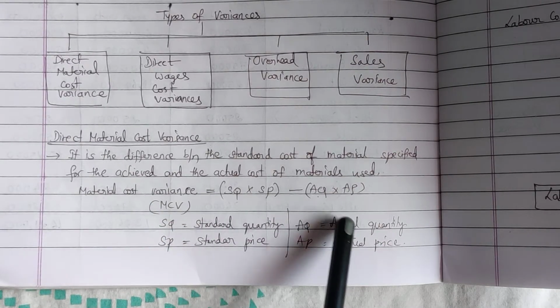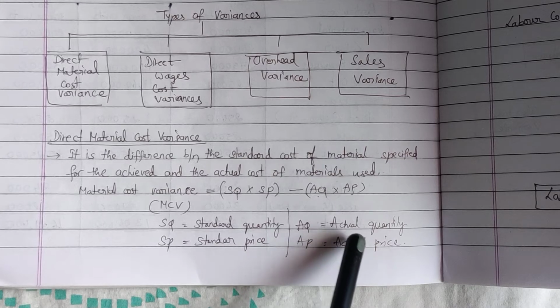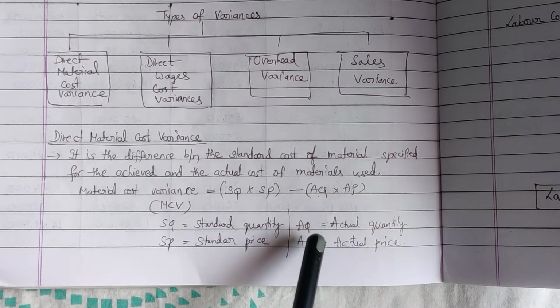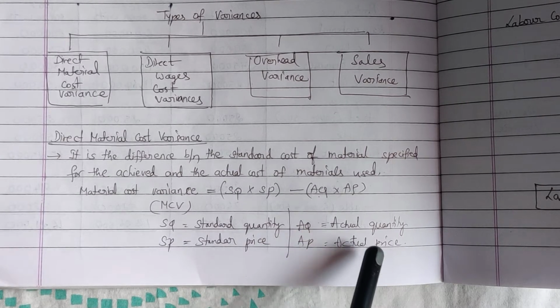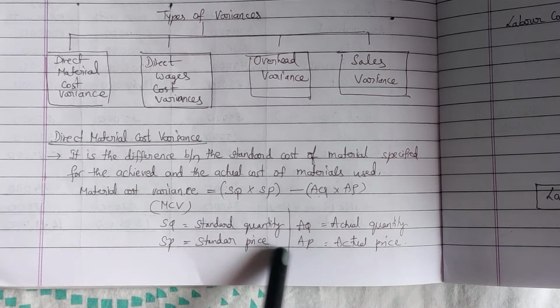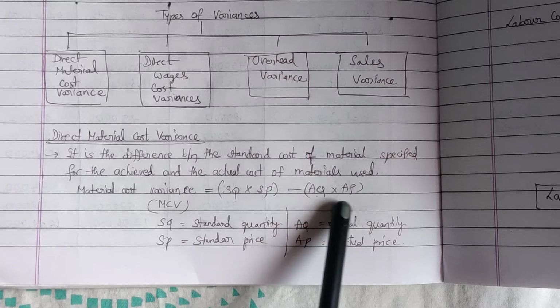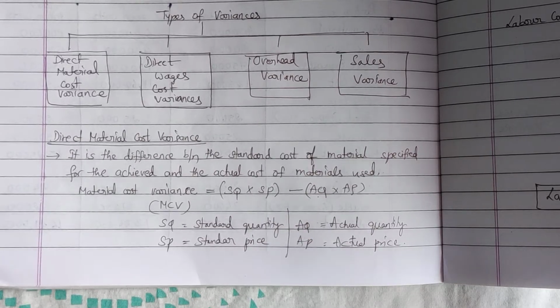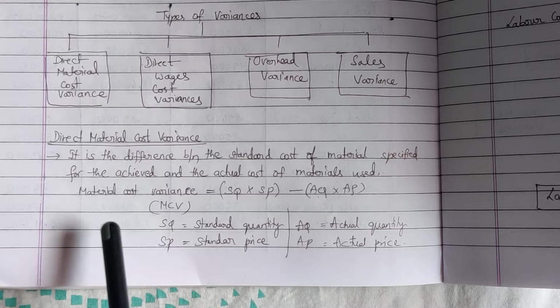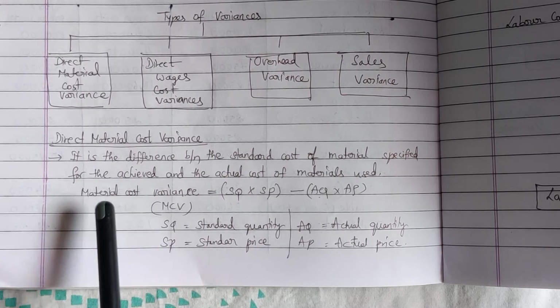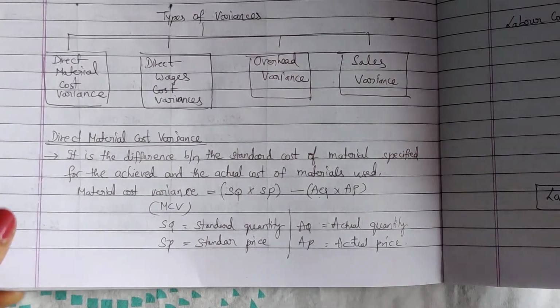And in real, what is the actual quantity we have used to produce that much production, and what is the actual price. So this gives you the actual cost of raw materials. The difference between these two is called the material cost variance.